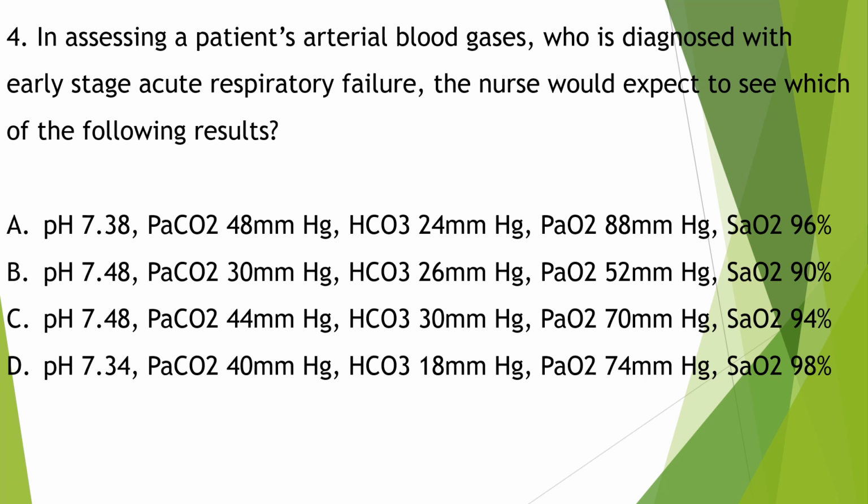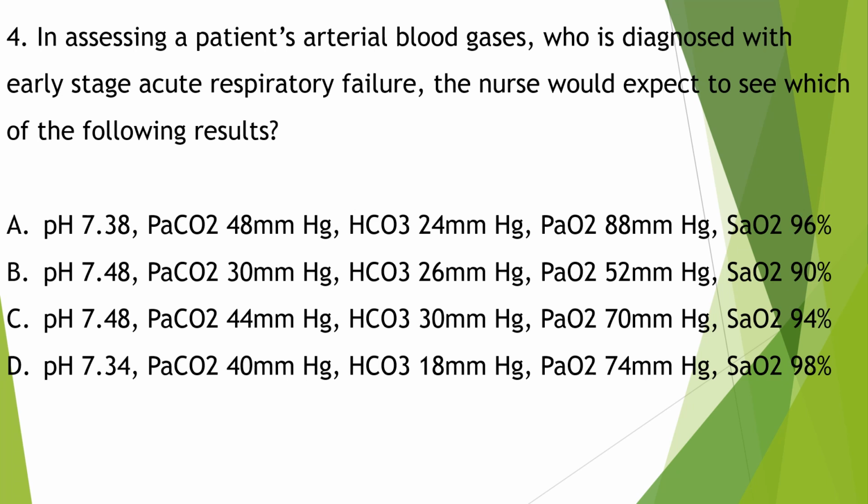C: pH 7.48, partial pressure of carbon dioxide 44 mmHg, bicarbonate 30, partial pressure of oxygen 70 mmHg, saturation 94%. D: pH 7.35, partial pressure of carbon dioxide 40 mmHg, bicarbonate 18, partial pressure of oxygen 74 mmHg, saturation 98.